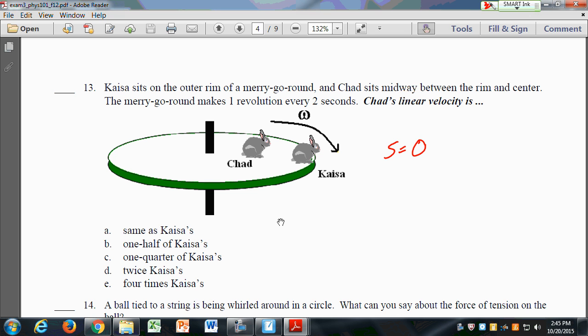S is equal to theta r, v is equal to omega r, and the tangential acceleration is alpha r. That's different, by the way, than the centripetal acceleration. The centripetal acceleration occurs when you're moving at a constant speed. The tangential acceleration occurs when your object is actually speeding up as it rotates, when you have an alpha.